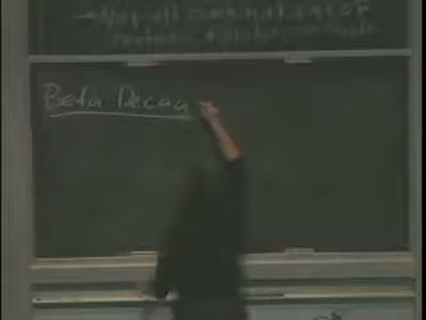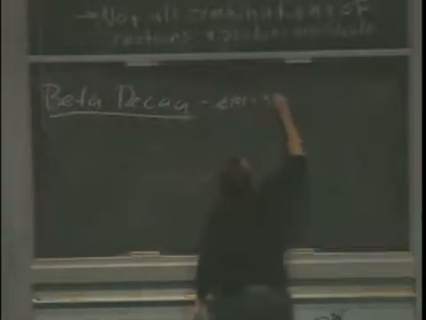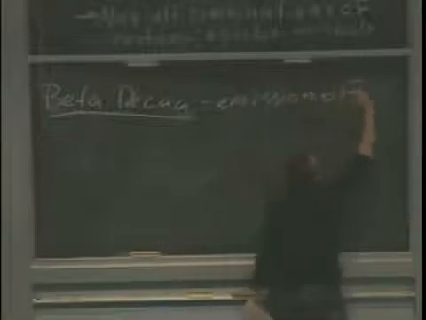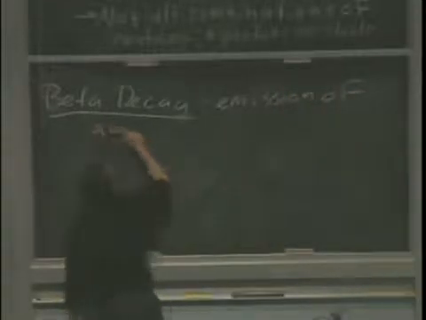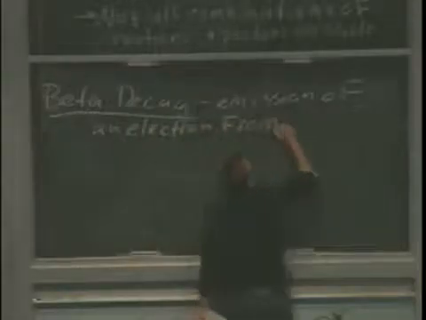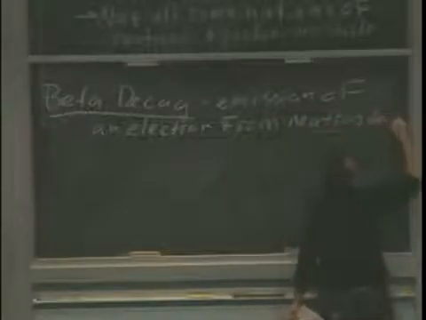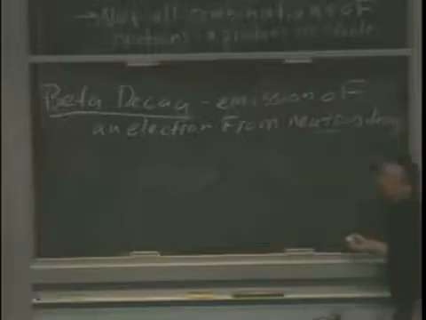Okay, so beta decay. Beta decay is the emission of an electron from a neutron decay. Okay, so this one is probably easier to understand. We've already talked about how a free neutron will decay, and if you get too many neutrons inside of a nucleus, then that force that's keeping them from decay gets diluted, and so the neutron will decay.